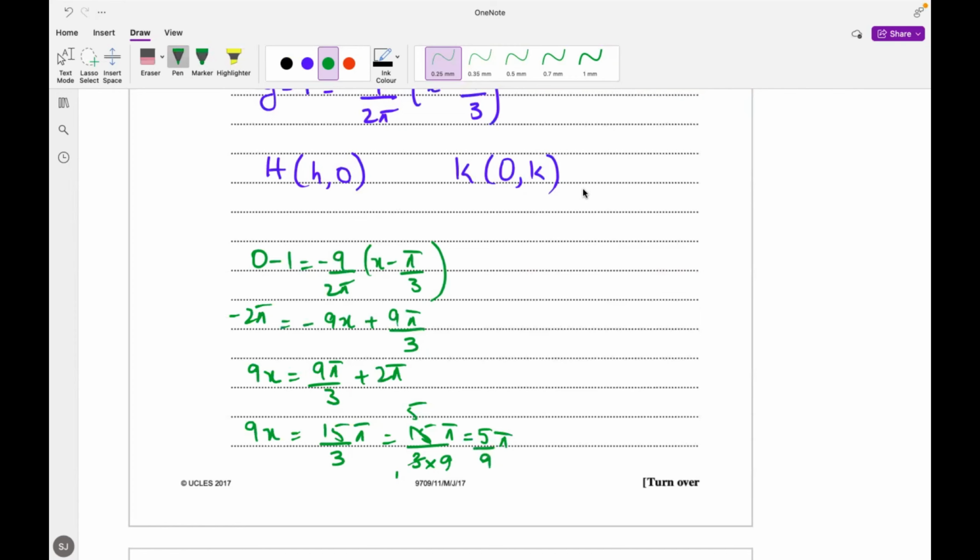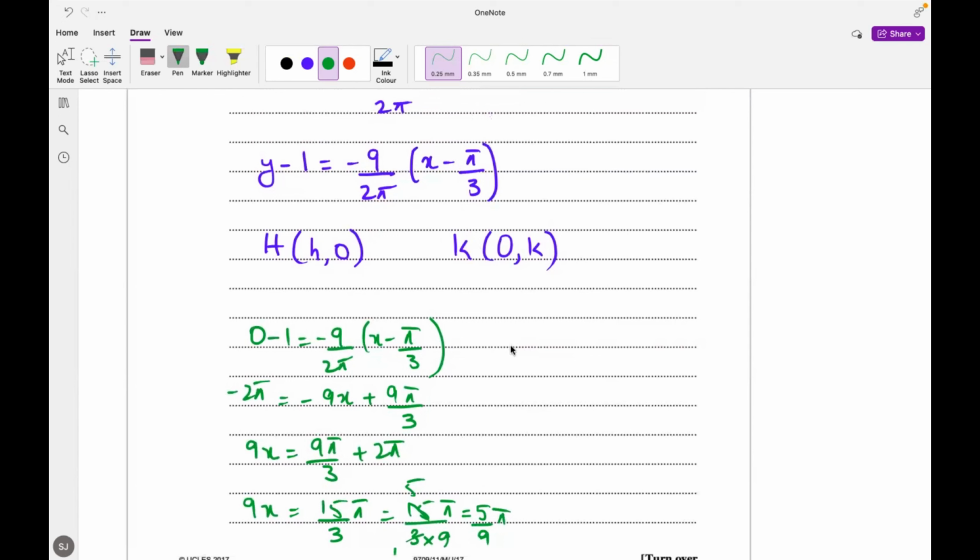To find the value of k in the same equation, we'll just substitute x equals 0. So we'll write y minus 1 is equal to minus 9 upon 2 pi times 0 minus pi upon 3. Simplifying this, we'll get y minus 1 is equal to minus 9 upon 2 pi times pi upon 3. That will be positive 9 pi upon 6 pi.